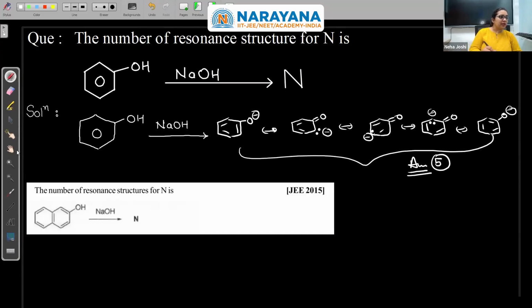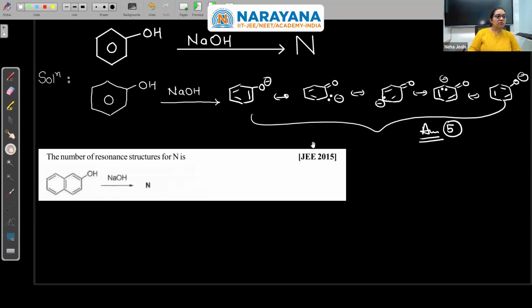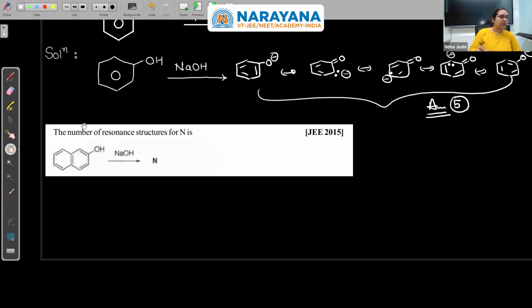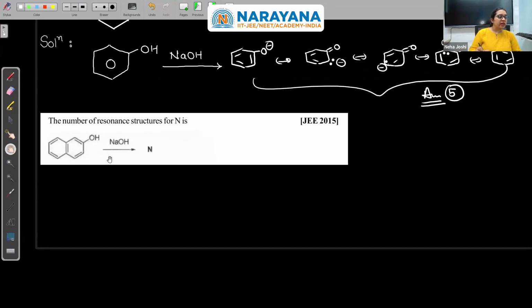On the same line of thought, in 2015 Advanced, the number of resonance structures was asked in this particular structure. Okay, I want all of you to do it in your notebooks. Maybe after the class you can try. Answer for this question is 9.